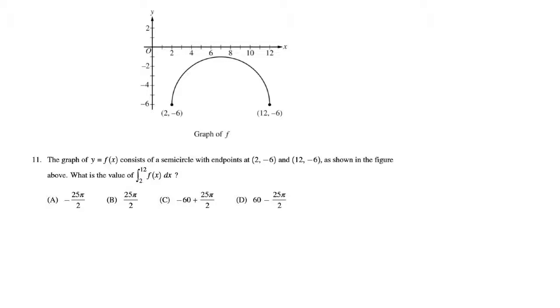Okay, and let's see our next problem, number 11. And again, another problem that seems pretty doggone tricky. If we're integrating our function from 2 to 12, and it's like, my gosh, what in the world? How in the world am I going to do that? Well, we're going to draw a rectangle.